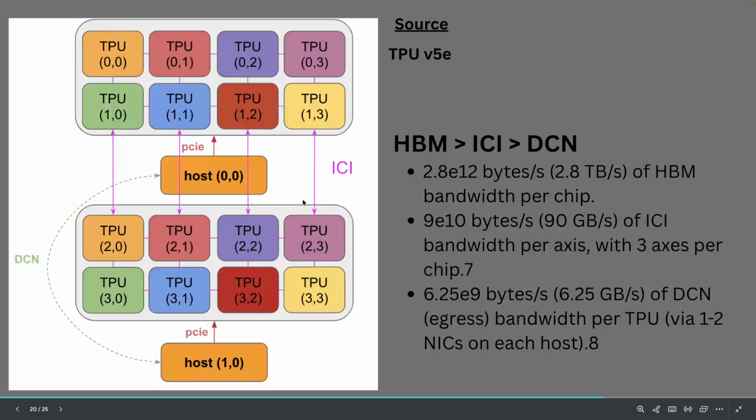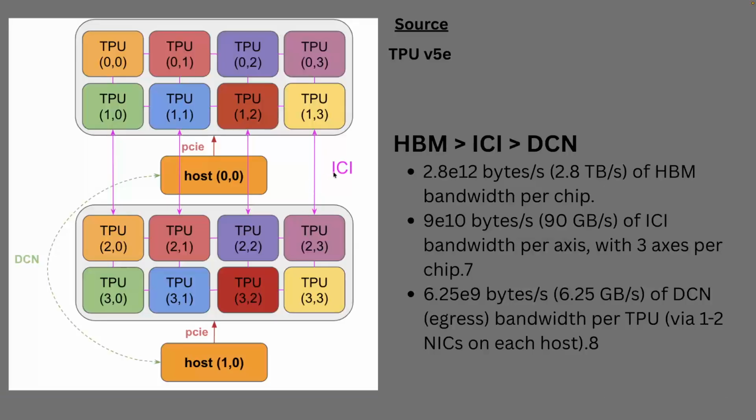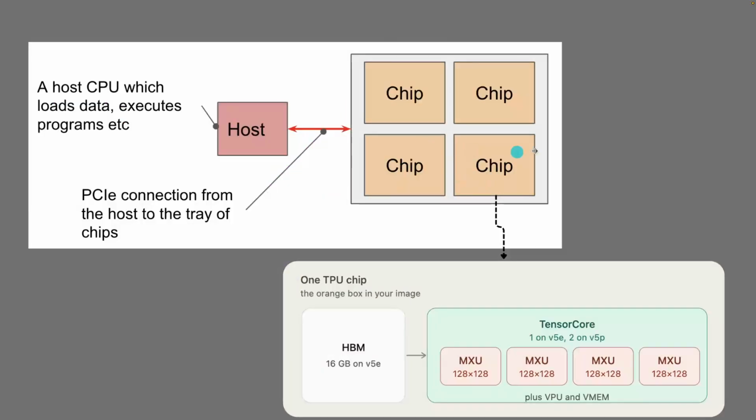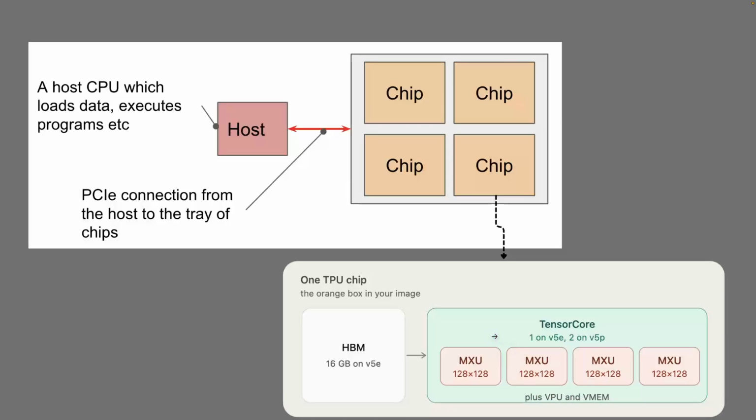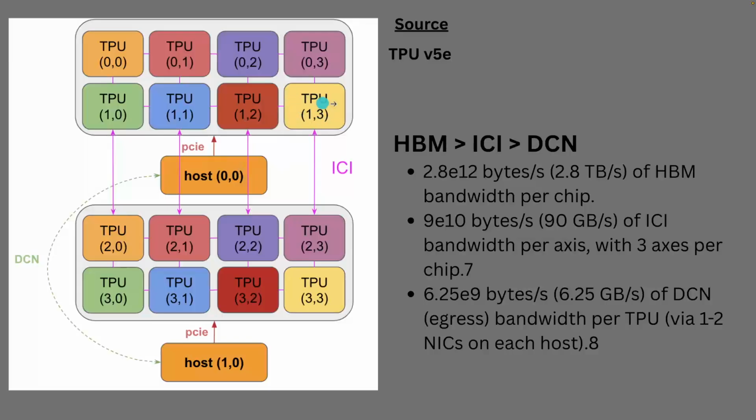So this was the diagram, and each TPU is basically a chip here. In the TPU v5e architecture, each chip or TPU has one tensor core, but they can definitely have more than one tensor core. They can range from 2 to 4 tensor cores, and this is the bandwidth in a TPU v5e architecture, and this is followed in the rest of the architectures too.